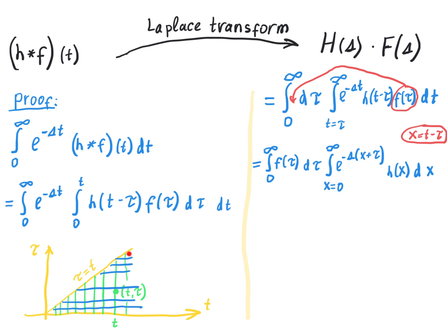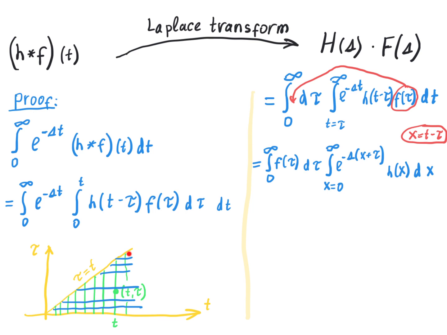Now let's change the variables. Let's denote t minus tau by x, so t will be x plus tau. Since t runs from tau to infinity, x, which is t minus tau, will run from 0 to infinity.